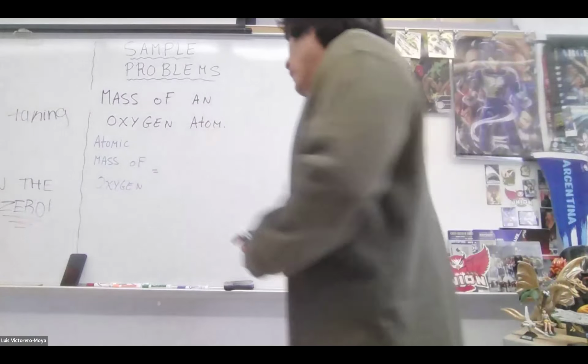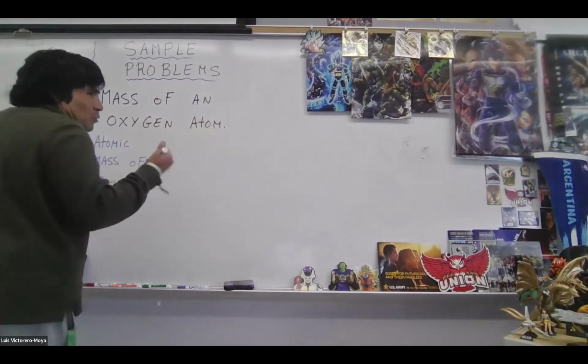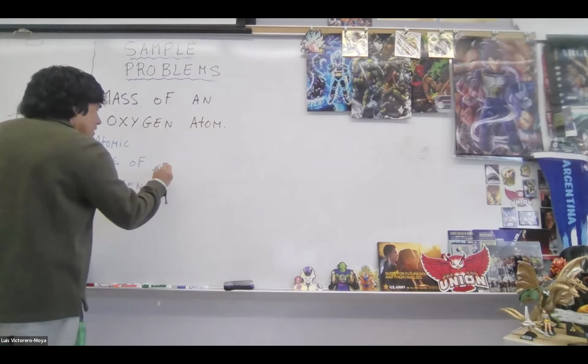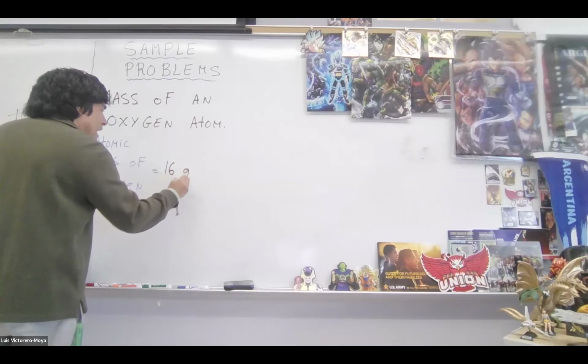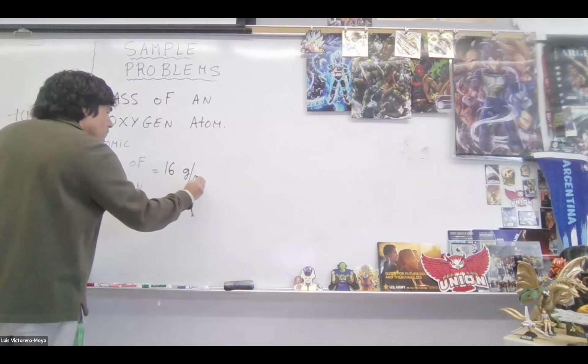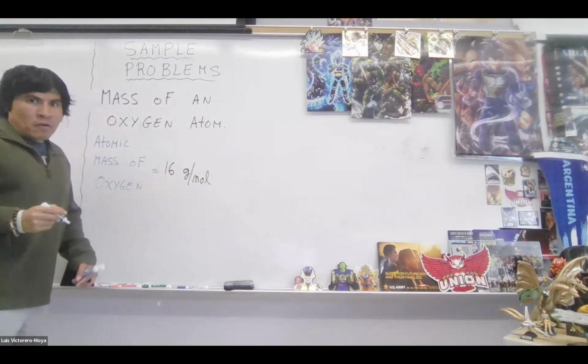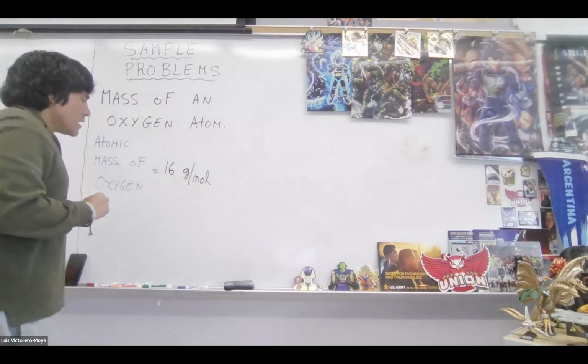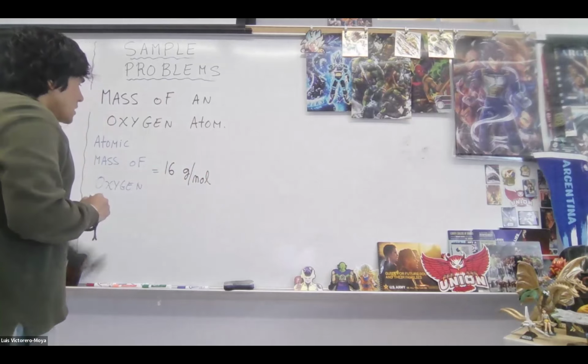No, it's 16, my bad. Oh, 32 will be for O2. So 16 grams per mole. You can get the number of moles, and we're going to do a problem like that in a little bit. So that's the molar mass.